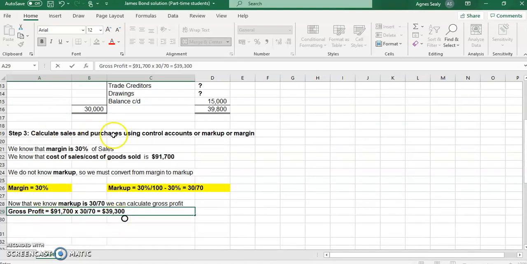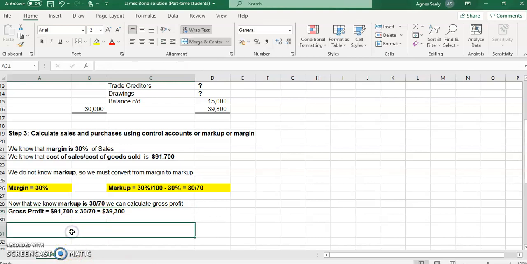We are moving along smartly because now we know gross profit. We can now calculate our sales by working backward. Now we know our gross profit is $39,300.